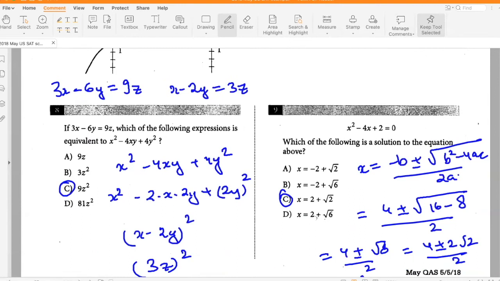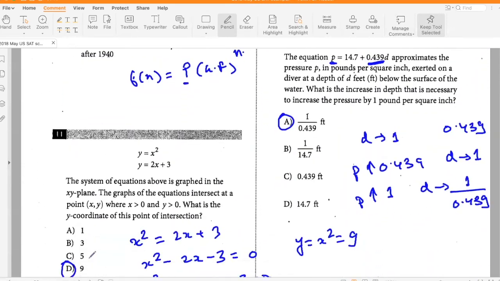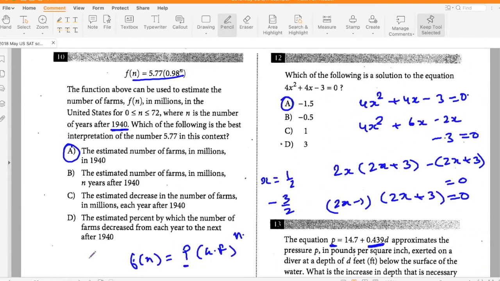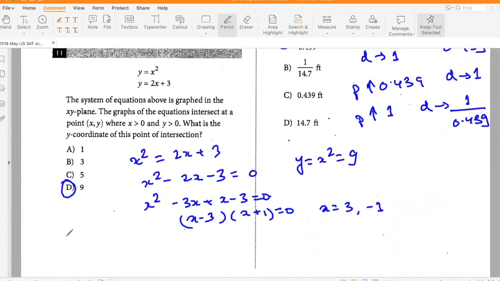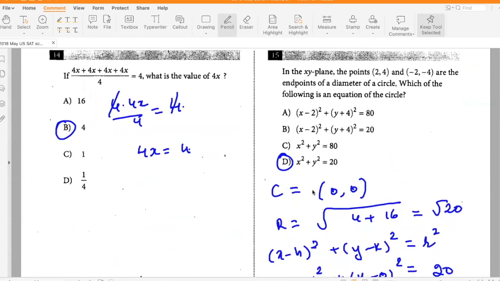Number 9. CADA. Okay. And then we have ABD.